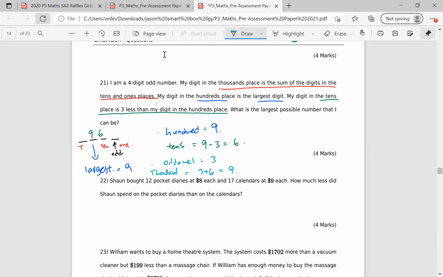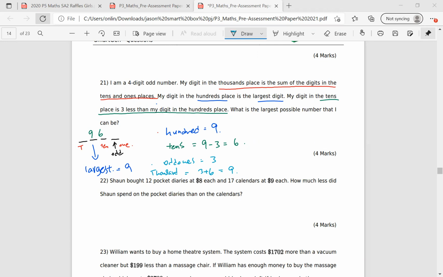The question did not say that the number must be all different, so the digits can be repeated.